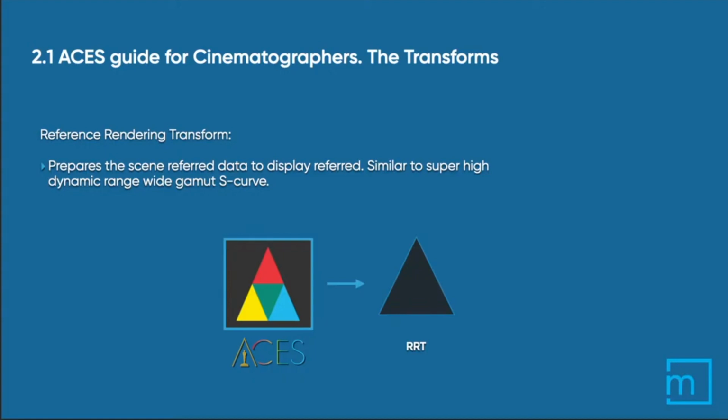So the RRT is probably the most polemic part of ACES. It's been addressed for further developments of ACES, especially for 2.0, maybe having a different RRT, or a parametric RRT or something, because this applies a bit of a look.